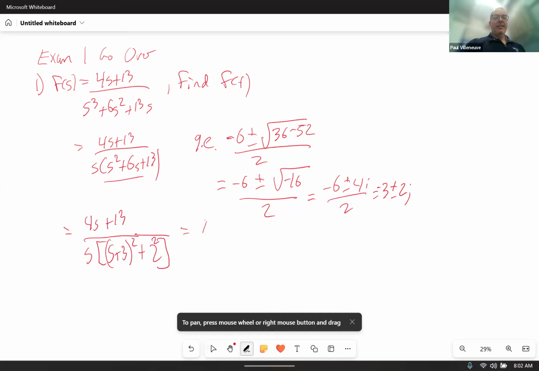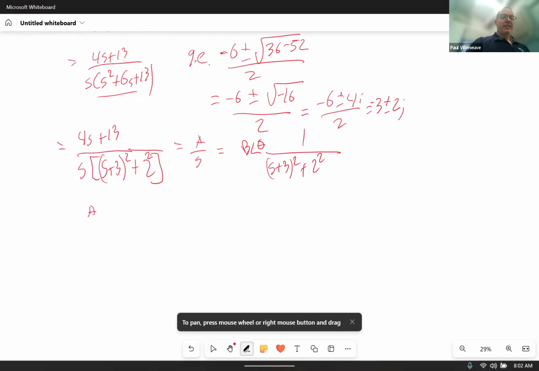And then we can do partial fraction expansion because this looks like the table. So we can solve for A. A is going to be equal to 4s plus 13 over s plus 3, that quantity squared, plus 2 squared, evaluated at s equals 0.